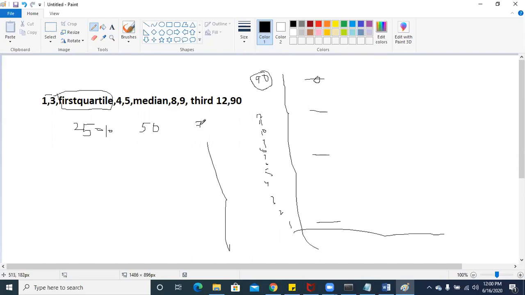Third quartile is nothing but 75% of the data. I have divided this, right? What is the first quartile? It is 3. What is the third quartile? Median is 7. This is 11. Now just draw a box.